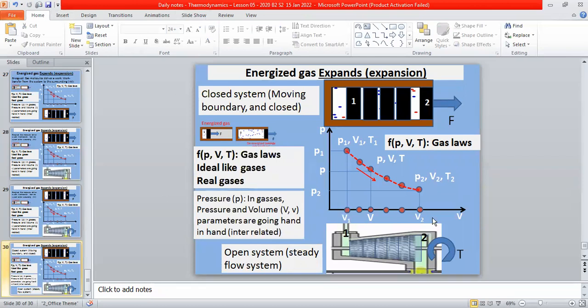So the outlet of this, if you really look into 2, even I can put it here. 1, 2, V2 is the same. Okay, good. So with this understanding, you should look into your notes.